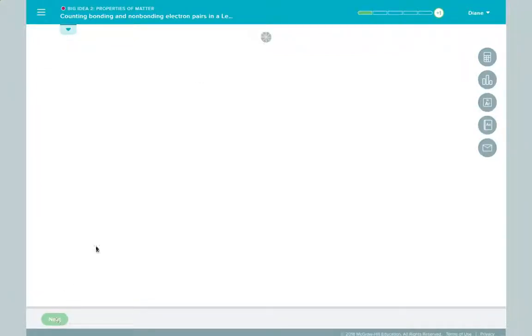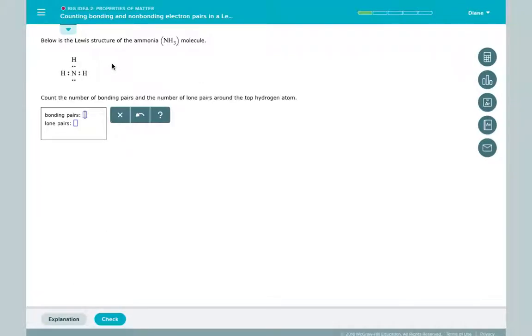The next one, I'm supposed to look at the bonding and lone pairs around the top hydrogen. The top hydrogen has right here 1 bonding pair, but it doesn't have any lone pairs, so that's 0. Now if they were asking for nitrogen, nitrogen has a lone pair, a pair that's not bonded, but they're asking for the hydrogen atom.